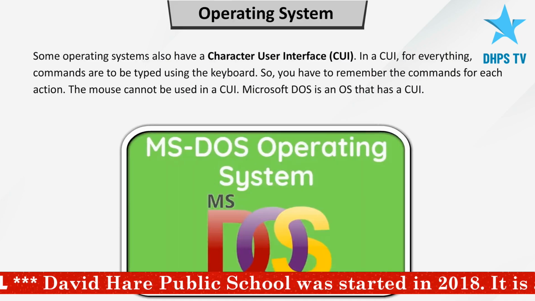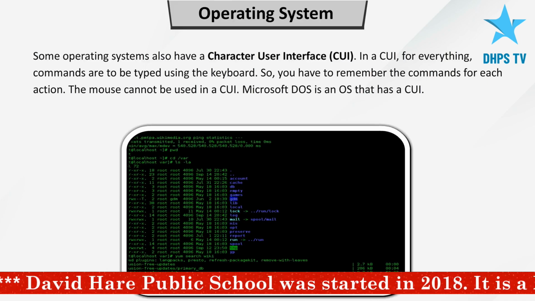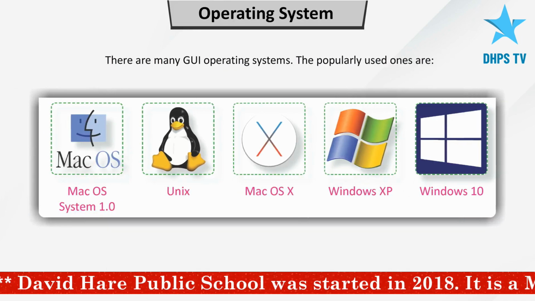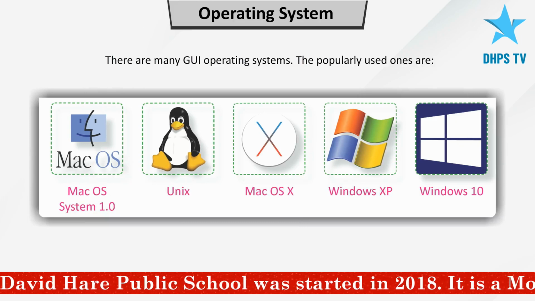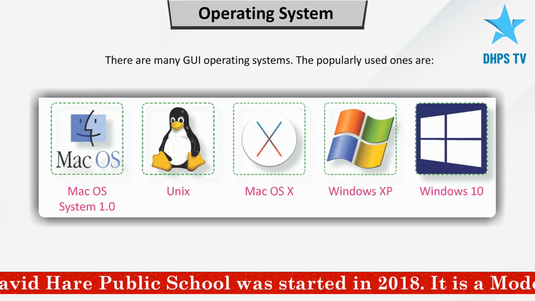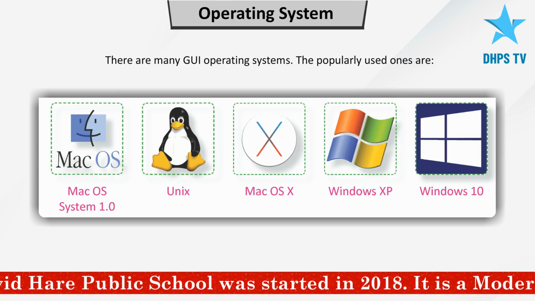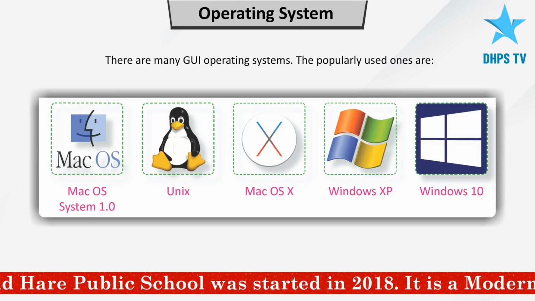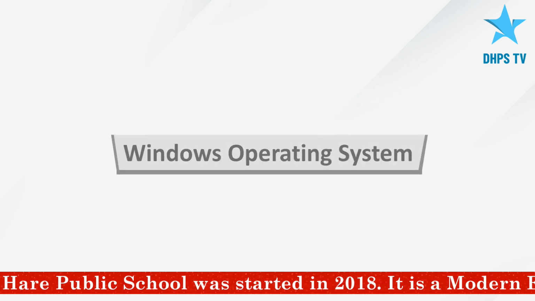Microsoft DOS is an OS that has a CUI. There are many GUI operating systems. The popularly used ones are Mac OS System 1.0, Unix, Mac OS X, Windows XP, Windows 10.